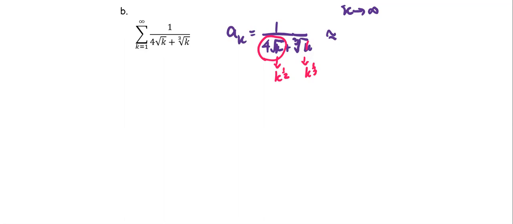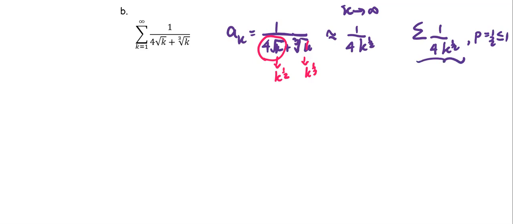So a_k approaches 1 over 4 times k to the power 1/2, and we use the p-series, the summation of 1 over 4 times k to the 1/2, as the comparison series. Here p equals 1/2, which is less than or equal to 1, so this comparison series diverges.